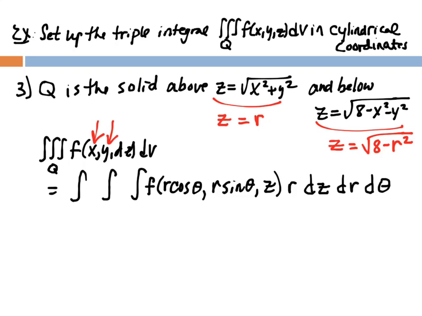Not sure? What are you asking? I need to know where the r and where the square root of 8 minus r squared go. Which one's on top and which one's on bottom? Right? I need to put them here and here, and I need to know which one I put where. Okay, let's try this.